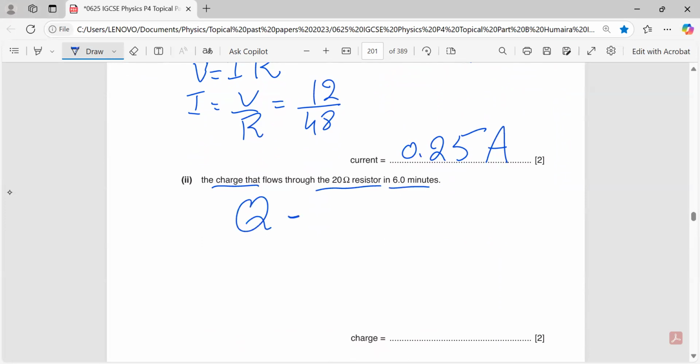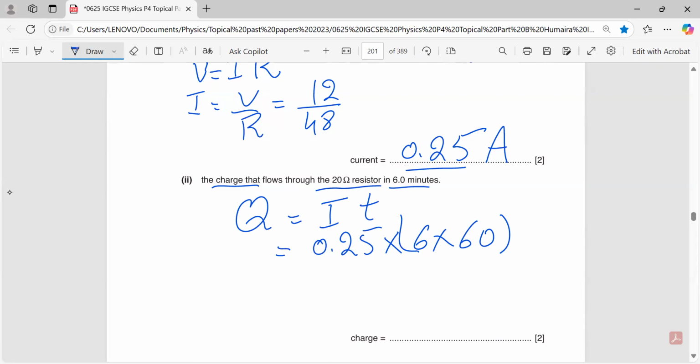So Q equals IT, and I, which we have just calculated, is 0.25, multiplied by time. Time should be in seconds, but here it's in minutes, so it's very easy to convert it into seconds just by multiplying by 60. You can take the product of these to get the answer, and your answer will be 90 coulomb.